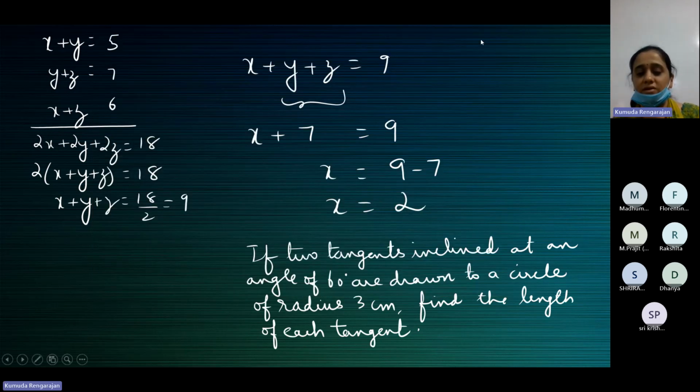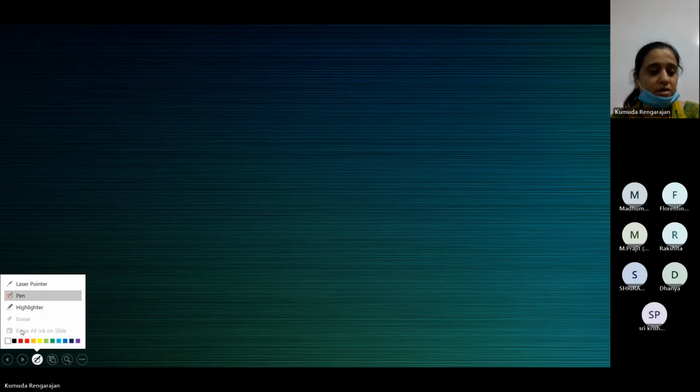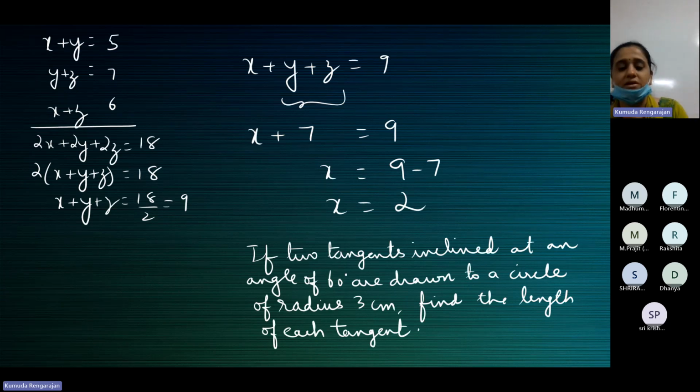All right. So this is the most common mistake while drawing the diagram. What is the radius of the circle? 3 centimeters. And the tangents are inclined to each other at an angle of 60 degrees.